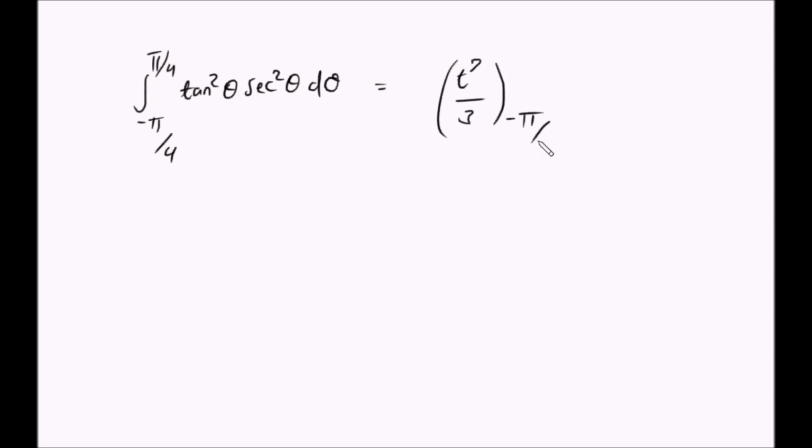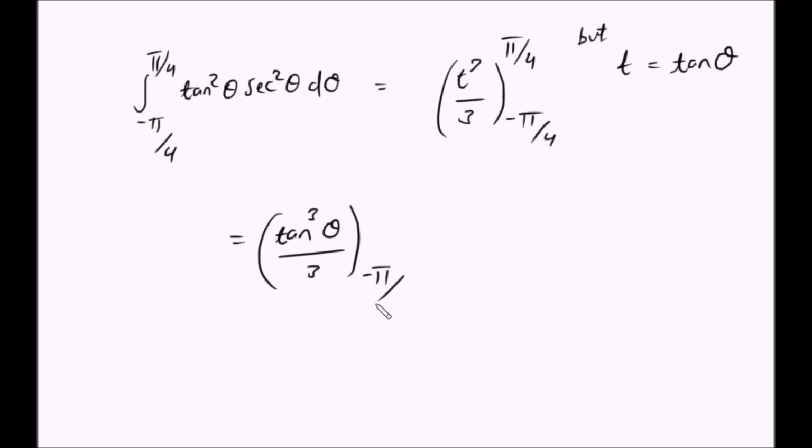So my integral was this. I have got t power 3 over 3 from negative pi over 4 to pi over 4. But t we introduced is what? Tan of theta. So my answer is tan of theta power 3 over 3, from negative pi over 4 to pi over 4.